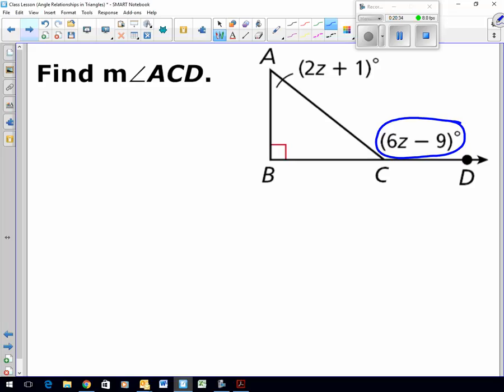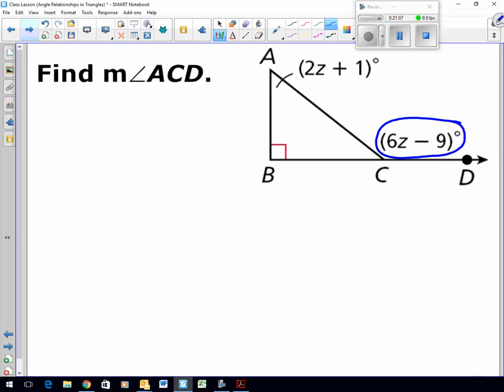The remote interior angle theorem says this exterior angle equals the sum of its remote interior angles. You don't have to memorize that at all. You just got to know what it means. And it's all about that word adjacent. What interior angle is adjacent to this angle? Yeah, right here, correct? So that means I leave that one alone. I don't worry about it. I focus on adding these two angles together.